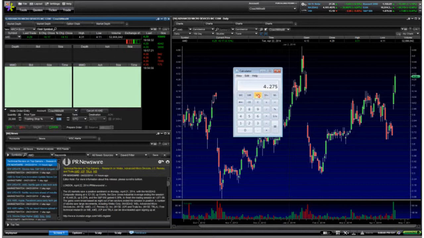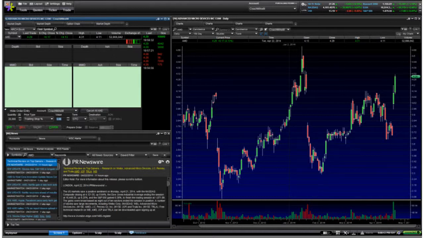Those are important things. So a trailing stop, a stop limit on quote, what that does is it executes your trade plan so you don't have to.